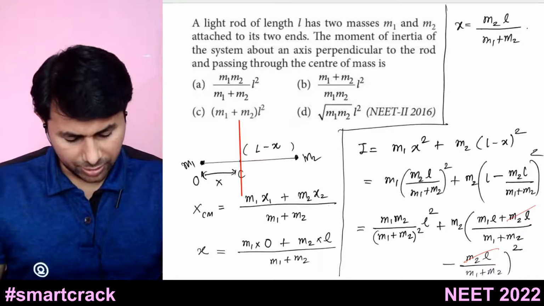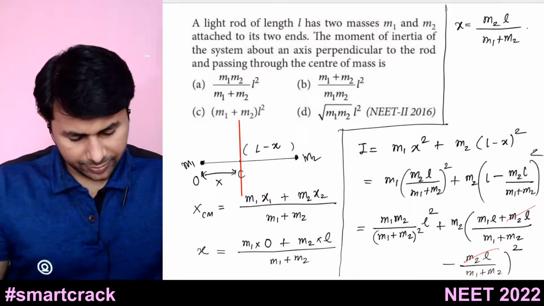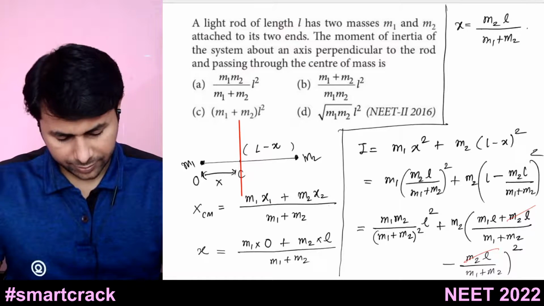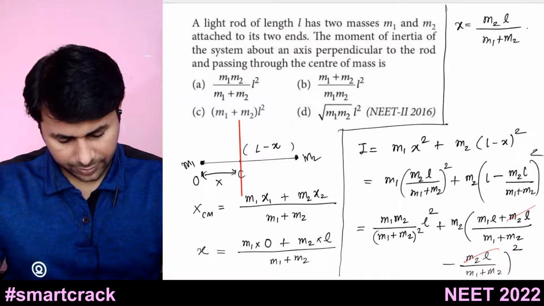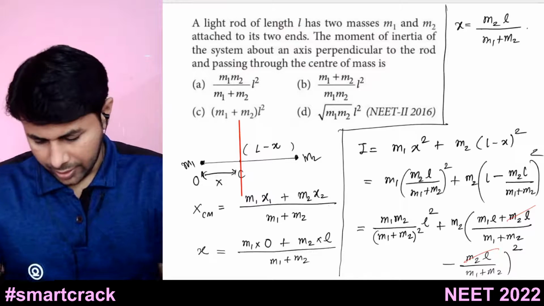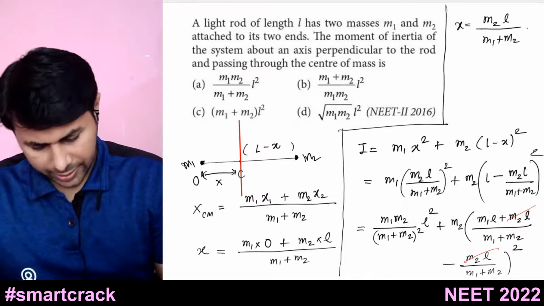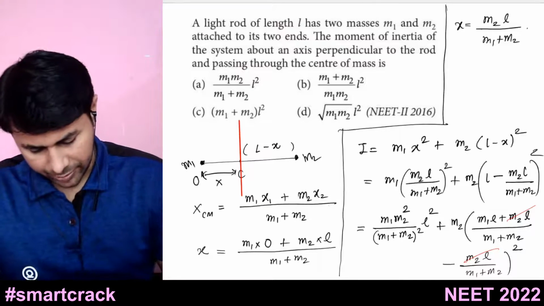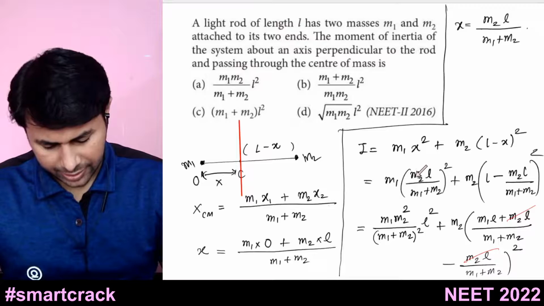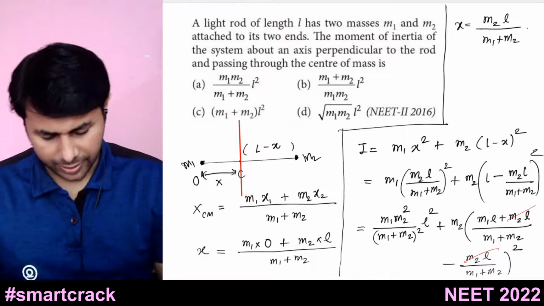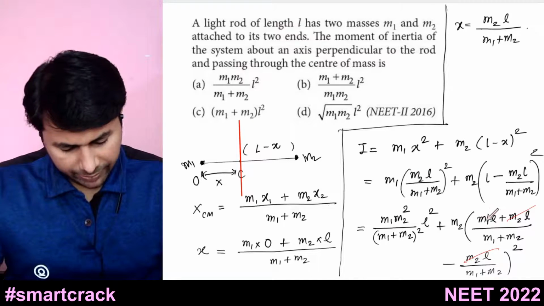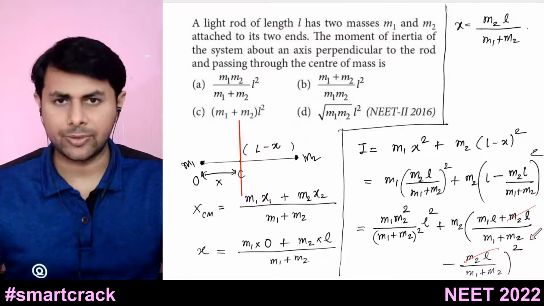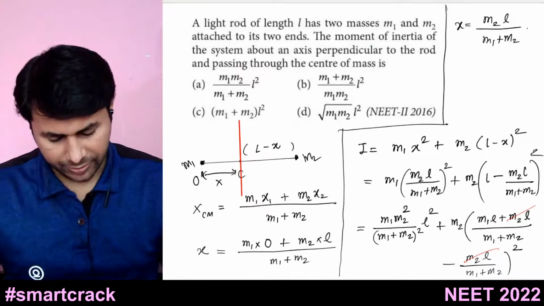So m2 times L gets cancelled, and we are left with m1 into L. Oh, in this first equation it will be m2 square, right? I'm squaring this, so it will be m2 squared. Then here I will get m1 into L square of that divided by m1 plus m2 square. So it is m1 square.